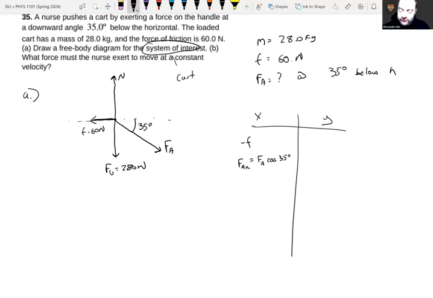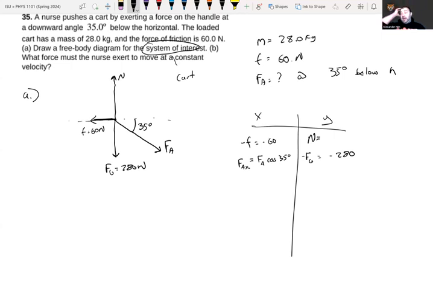All right, so the key here is we actually have enough information to answer this now, but I'm going to finish up. The normal force, we don't know what this is, but that is positive. We would have negative force of gravity, so I'll put negative 60 there, and that would be negative 280.